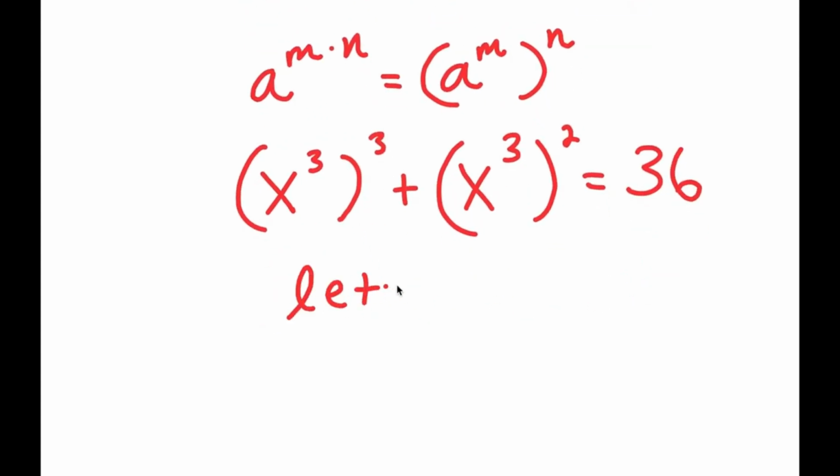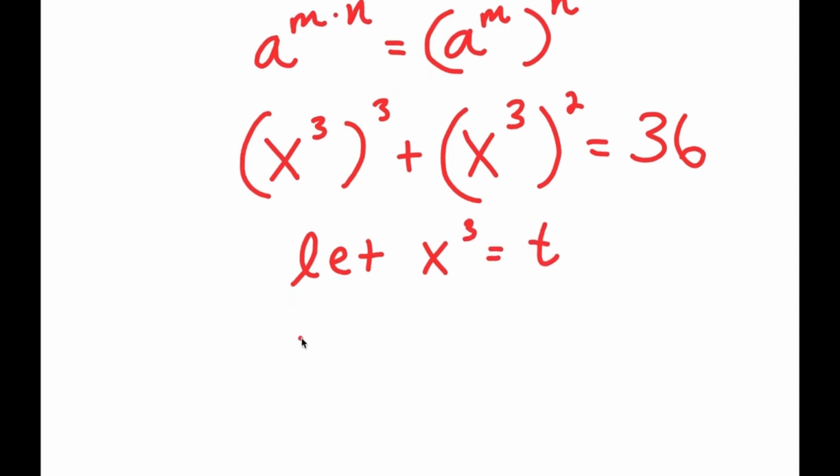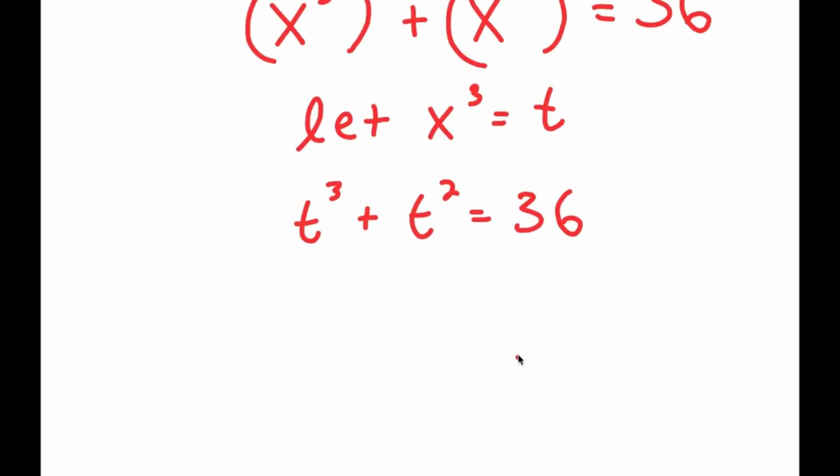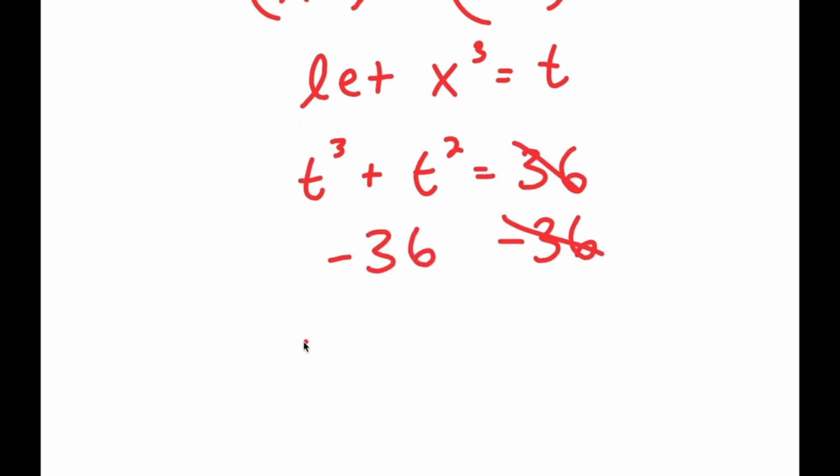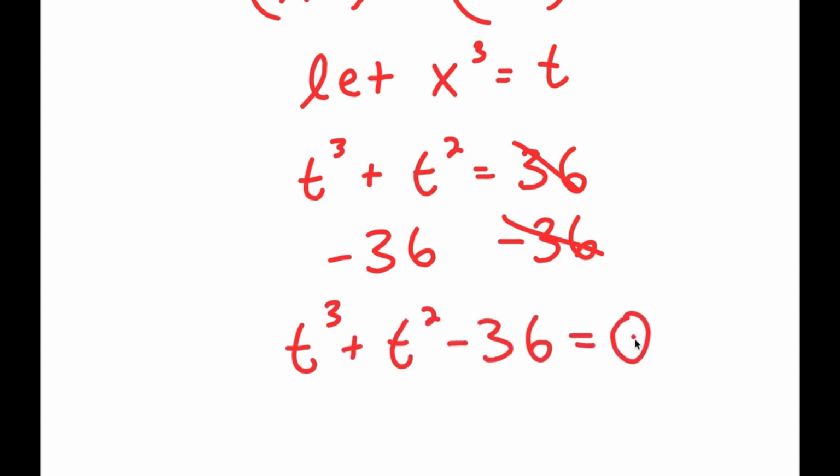Now I'm going to let x to the power of 3 equal to the variable t. So I get t to the power of 3 plus t squared is equal to 36. And now if I subtract 36 on both sides, I get t to the power of 3 plus t squared minus 36 is equal to 0.